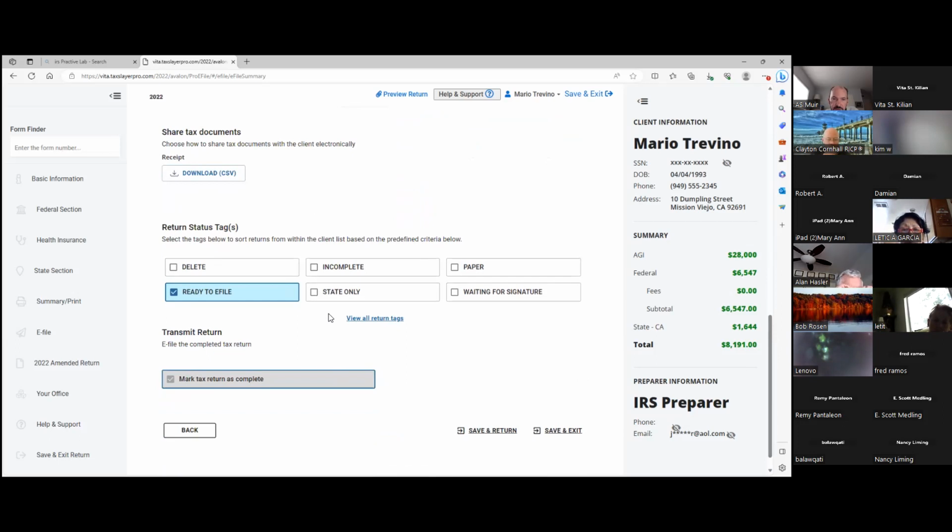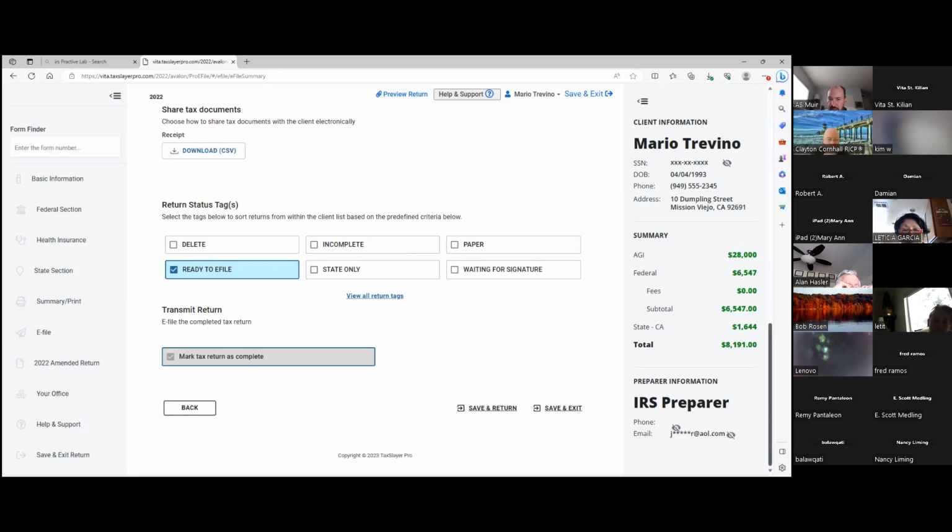So that's restricted, and your ERO is going to take instructions from the site coordinator and limit electronic filing to a certain number of VITA volunteers, usually a couple, two or three. Okay, so I think that takes care of that.